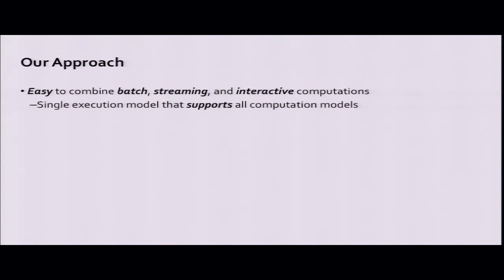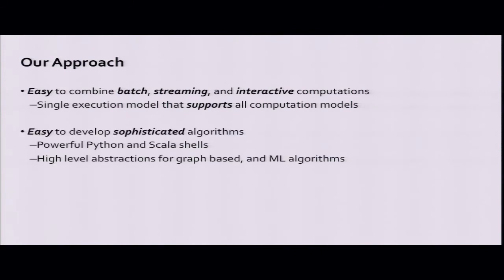To easily combine batch, streaming and interactive computation, which is one other goal, we provide a single execution model to support all of them. If we have one execution model supporting all of them, it's easier to combine. Otherwise you have 3 execution frameworks, each of them supporting one of these batch, streaming or interactive models. To easily develop sophisticated algorithms, we provide powerful Python and Scala shells.